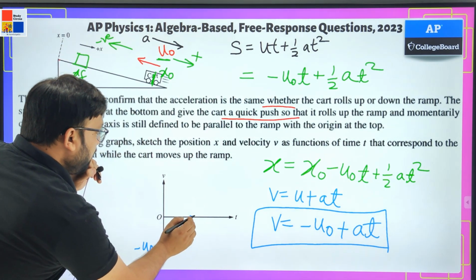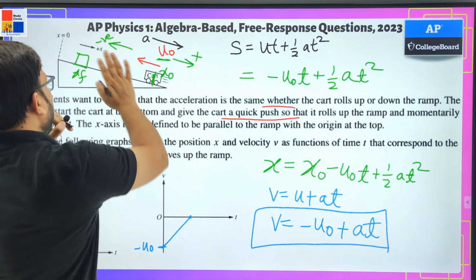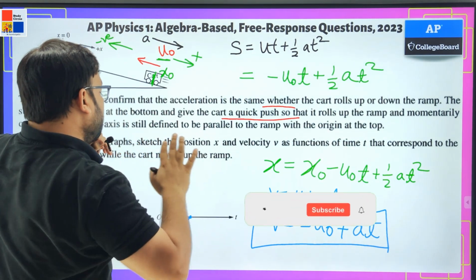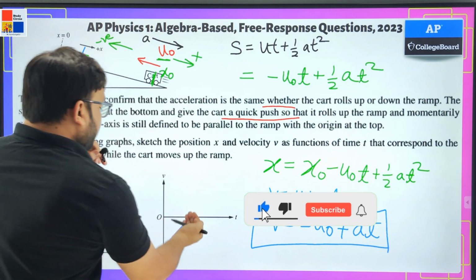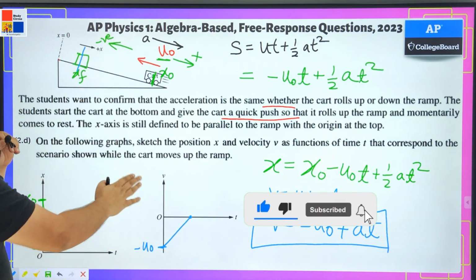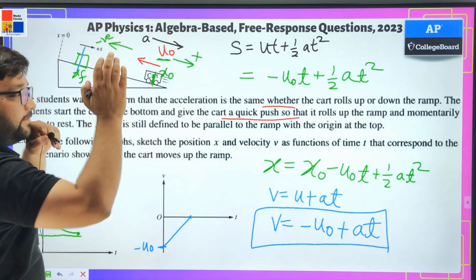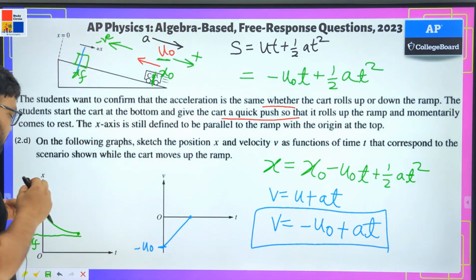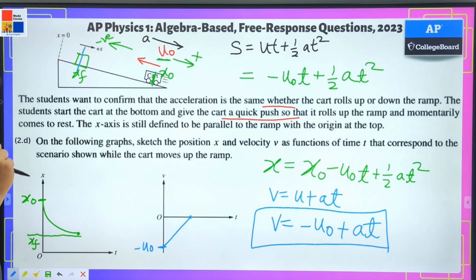Corresponding to this point, the velocity is 0 and this is the point at the position x final. So this becomes the graph of v versus t for this cart that has been pushed upwards with some initial velocity, and this here gives you the position versus time graph.